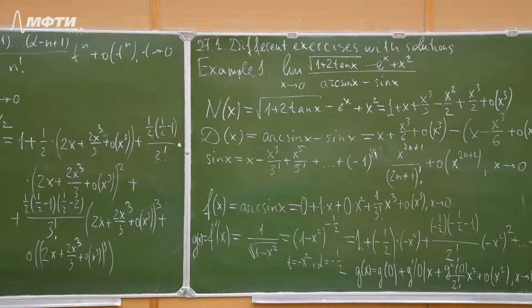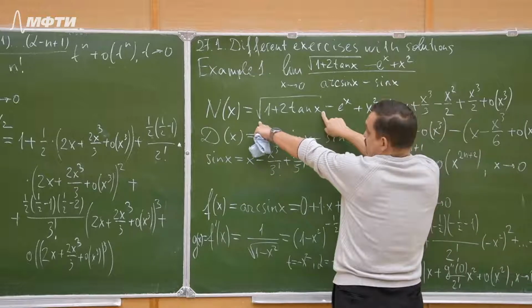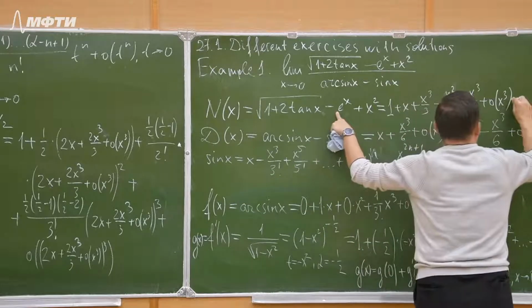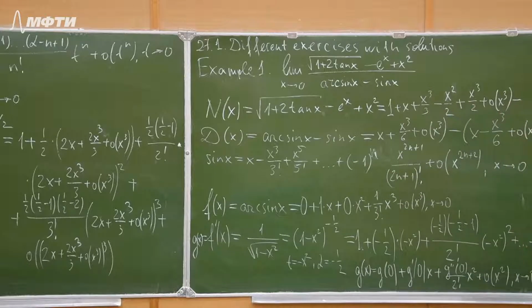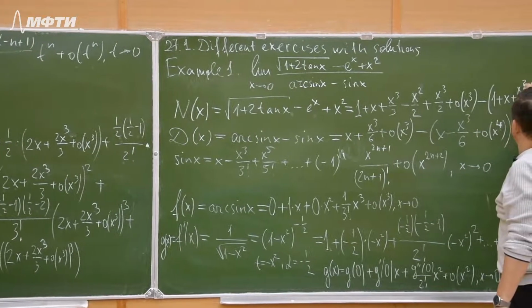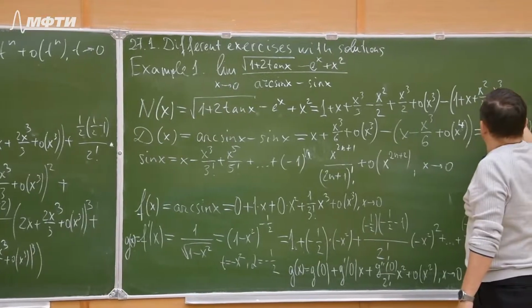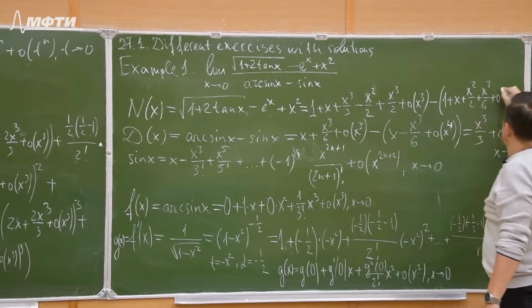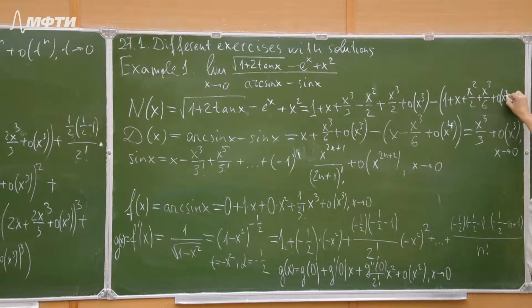Okay, that is this term. Then I substitute main expression for exponent, the first main expression, 1 plus x squared over 2 plus x cube over 6 plus little o of x cube, right? And then plus x squared. That is the numerator.